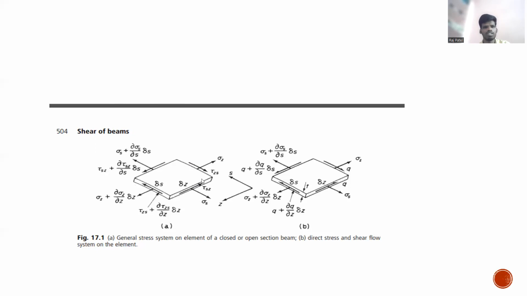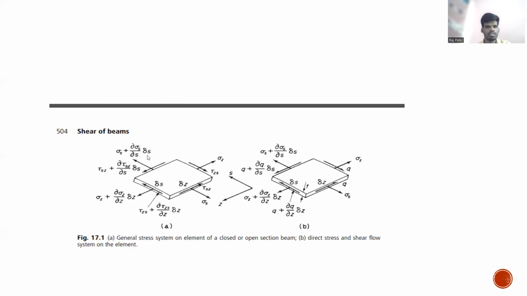The flow of shear stresses is in the z direction, the x direction and the y direction, and here sigma z is the direct stresses, whereas tau is the shear stresses.